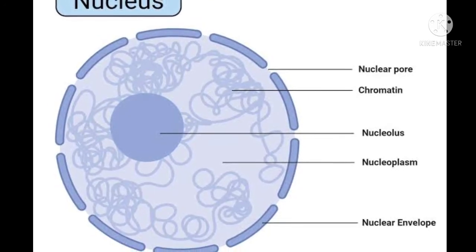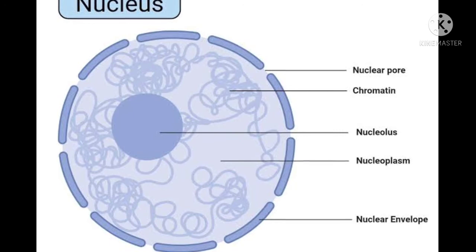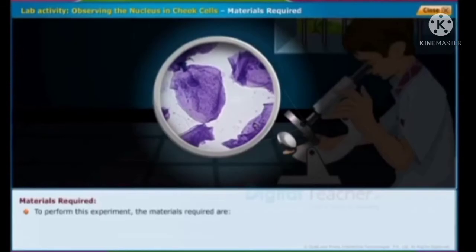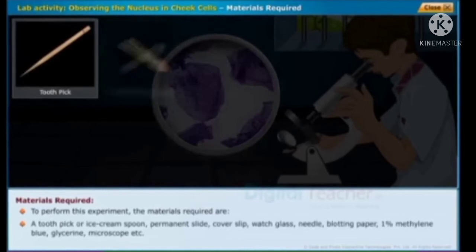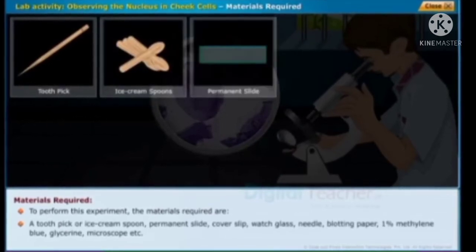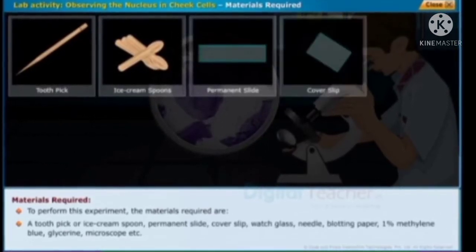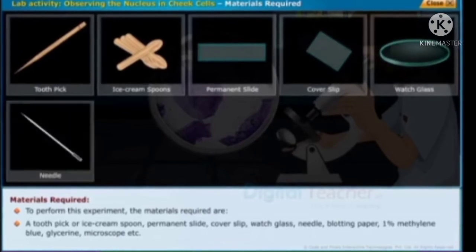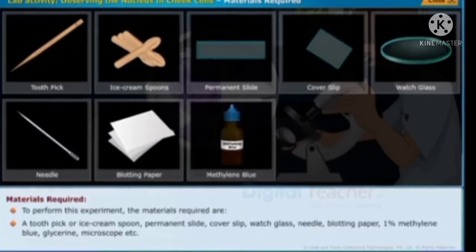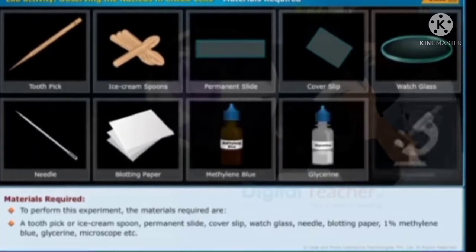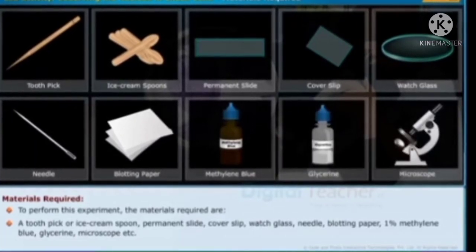This is the shape and parts of the nucleus. Now follow the activity. To perform this experiment, the materials required are a toothpick or ice cream spoon, permanent slide, cover slip, watch glass, needle, blotting paper, 1% methylene blue, glycerin, microscope, etc.